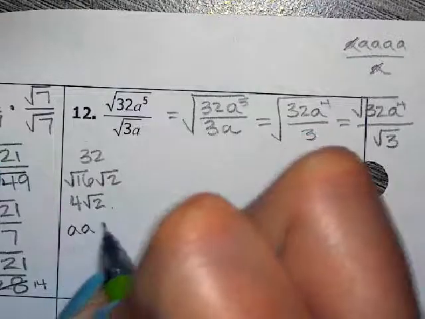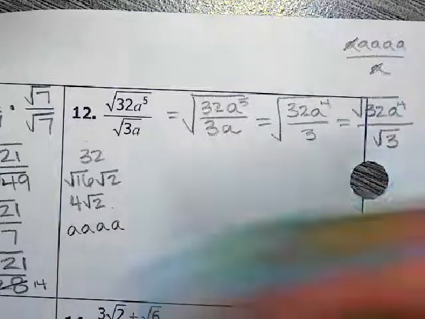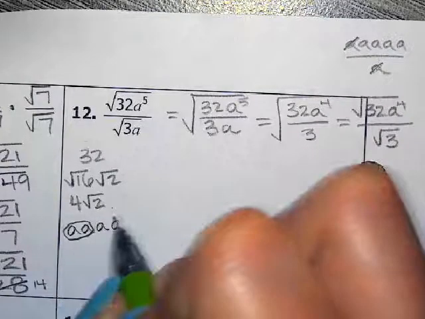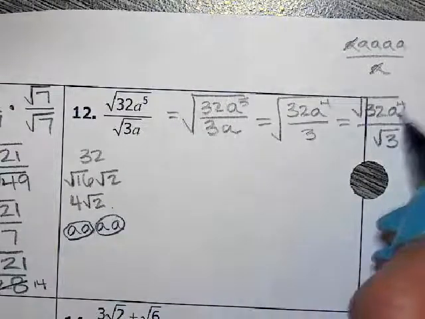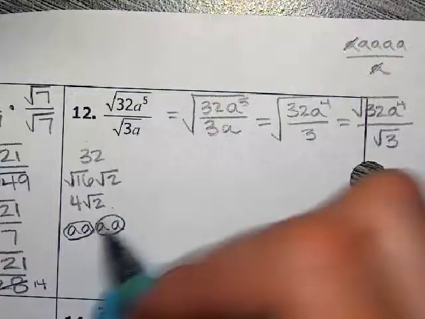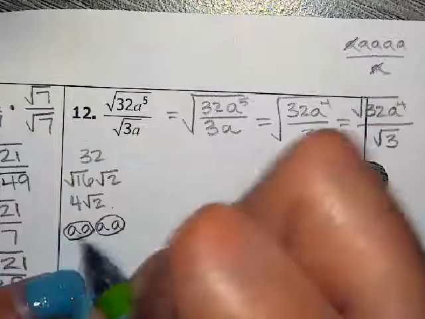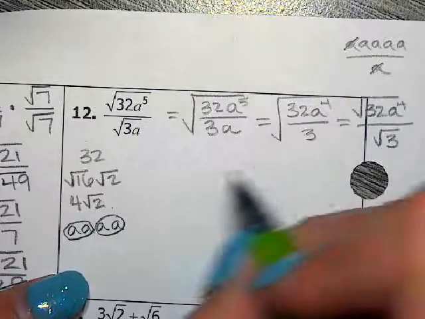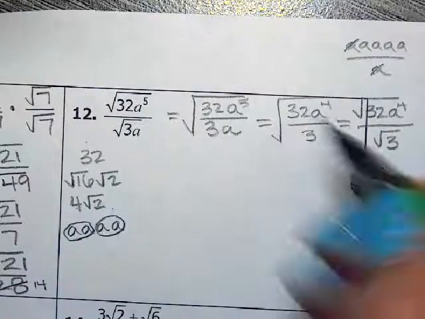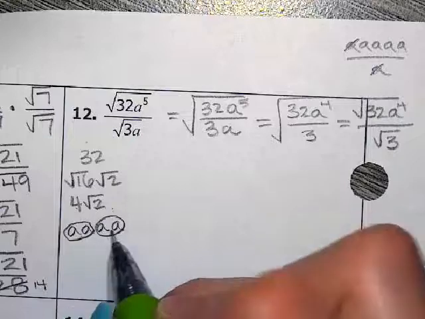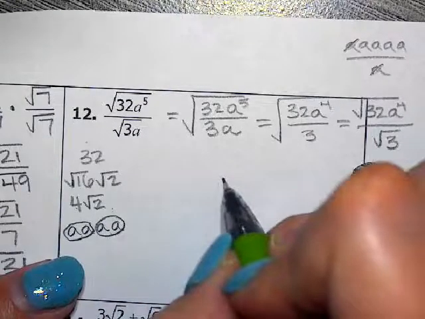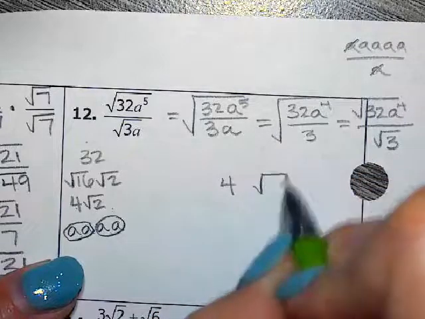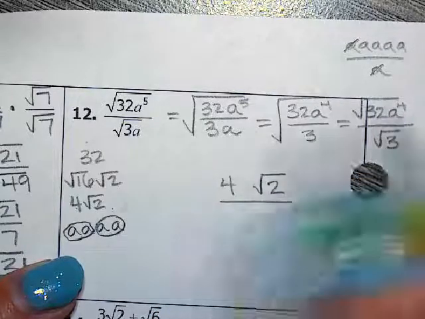There's no leftovers. That means that a to the 4th is kind of a perfect square idea. So we have 4 square root 2 on the top. We also have a times a, so we have a squared. Okay, so that's what we've got.